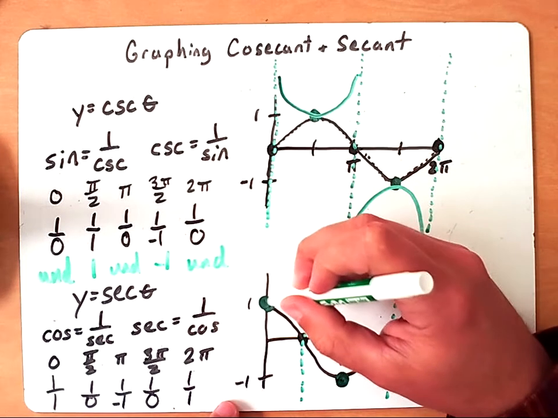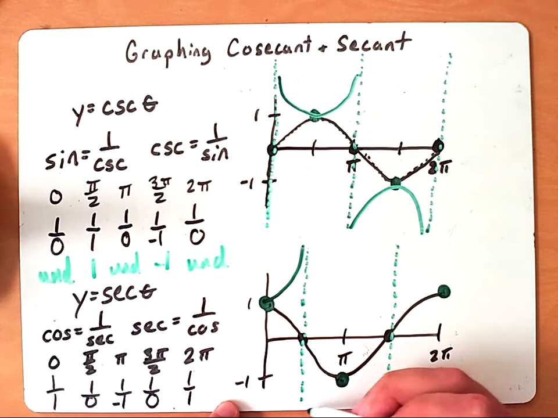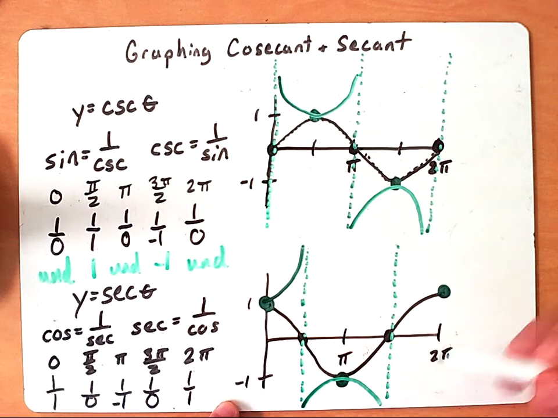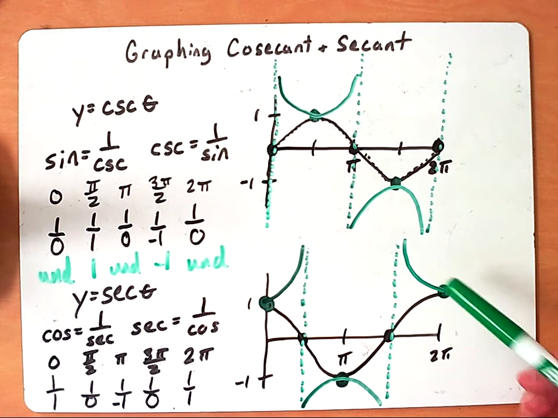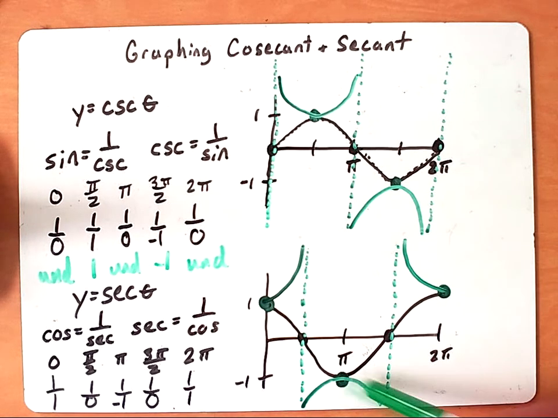And so then my graph would just be the flipped version of each of these graphs. The points coming off of a cosine graph would be your secant graph, so you're just taking those and flipping what the cosine graph is doing inside each of those asymptotes.